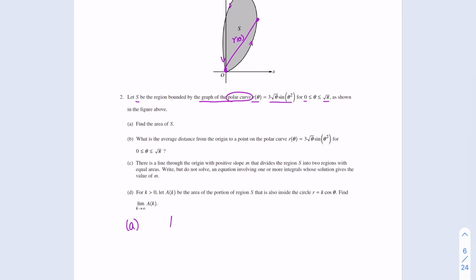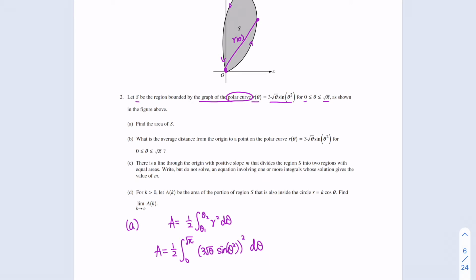As we know, the area formula equals 1/2 integral from theta 1 to theta 2 of r squared d theta. For this problem, the area will be given by 1/2 integral from 0 to square root of pi of r squared. Just plug this function in.